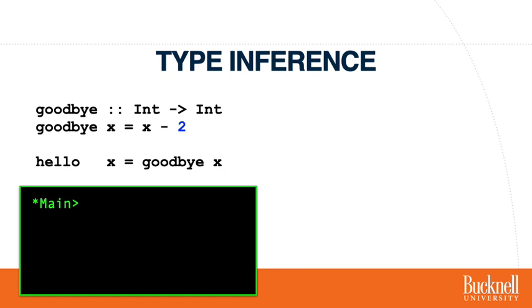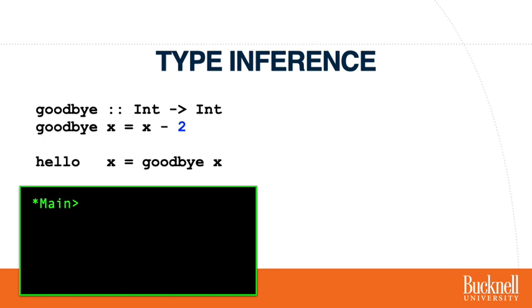Let's look at this Haskell code right here. We have a function called goodbye that maps from an integer to an integer. Goodbye is defined as x minus 2, where x is the parameter. We have another function here called hello. Hello x equals goodbye x. We haven't defined types for hello.